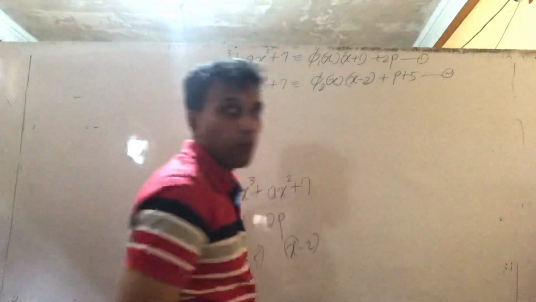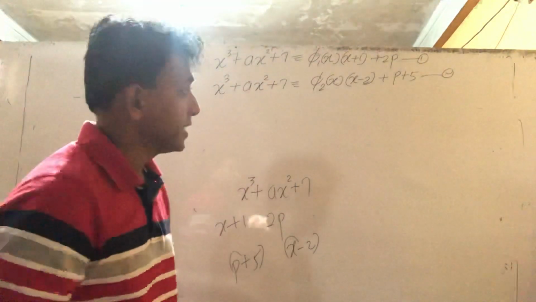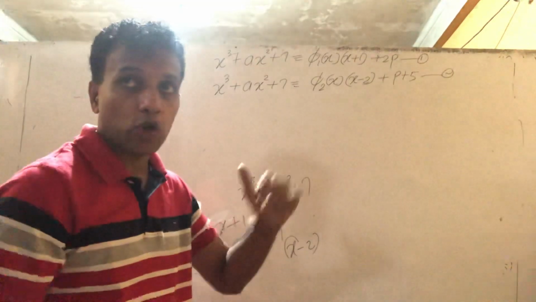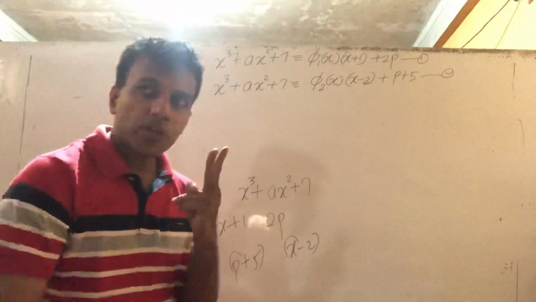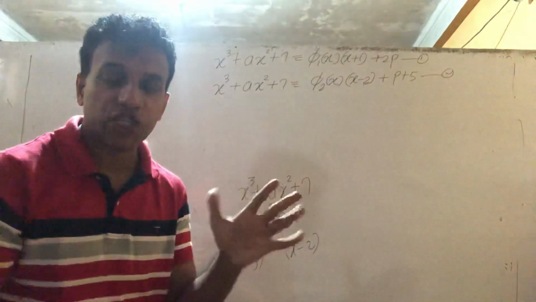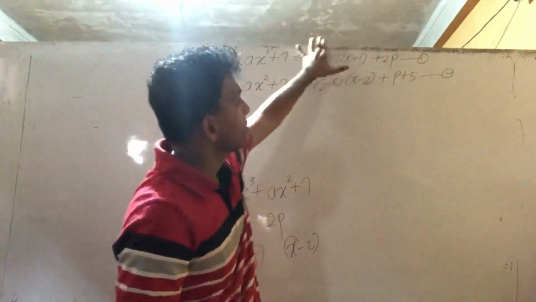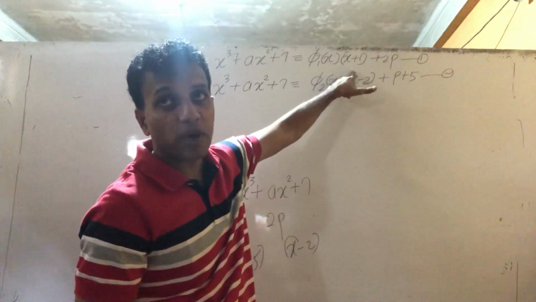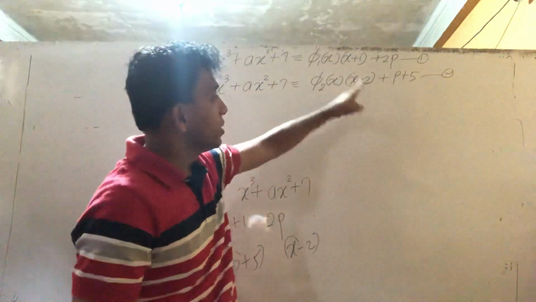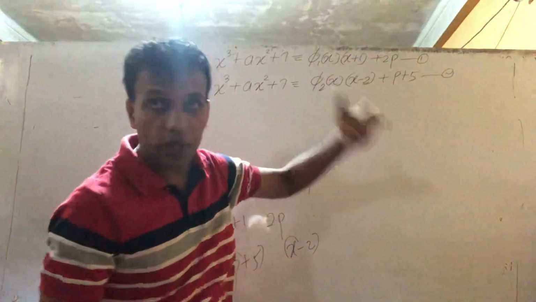These are the two important identities here, identical polynomials. Now make two equations: vanish the quotient part and just make it 0. Put x equal to minus 1 for one equation. Here put x equal to 2 for another equation, right?